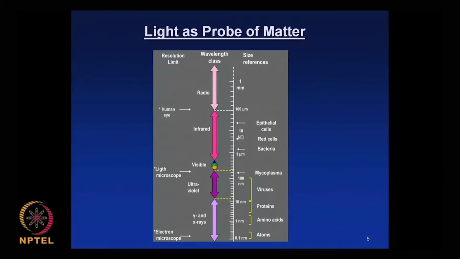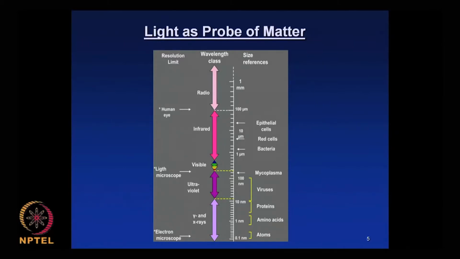On the left hand side is the resolution limit, then the electromagnetic radiation classification, and then the size references. So, we can appropriately choose the structural features we are interested to resolve, and then choose the appropriate electromagnetic radiation.